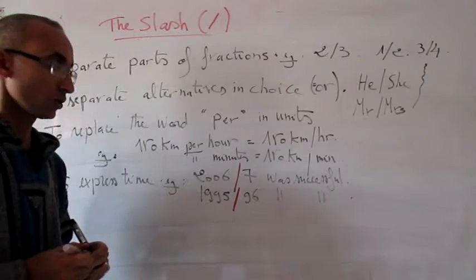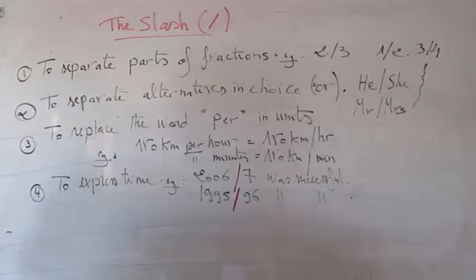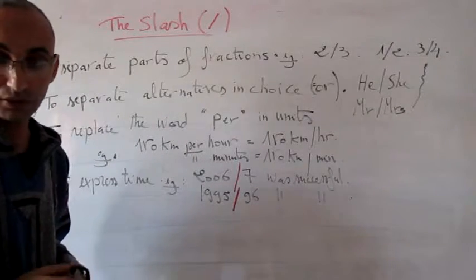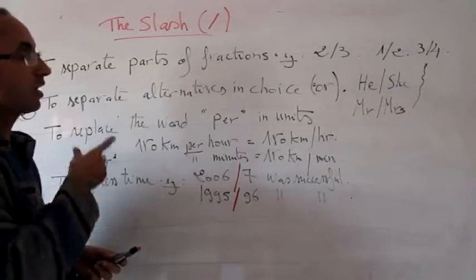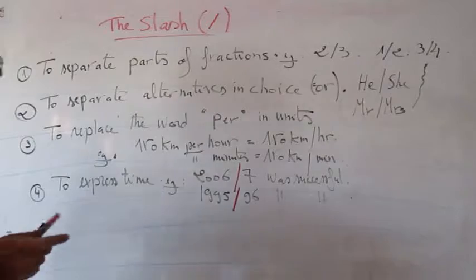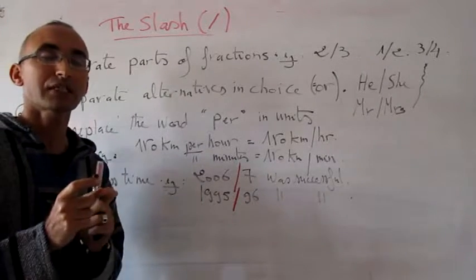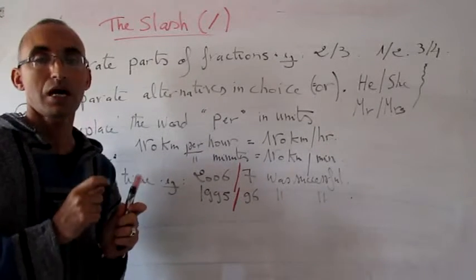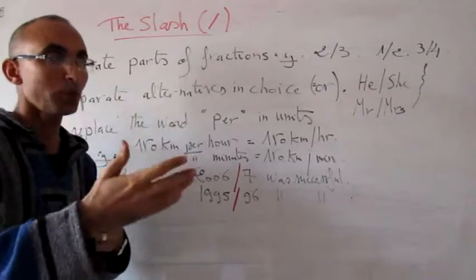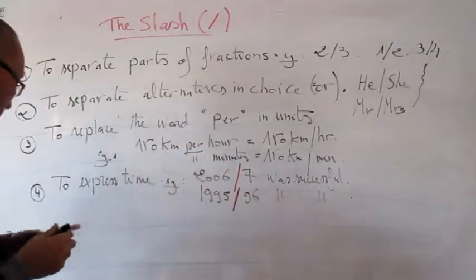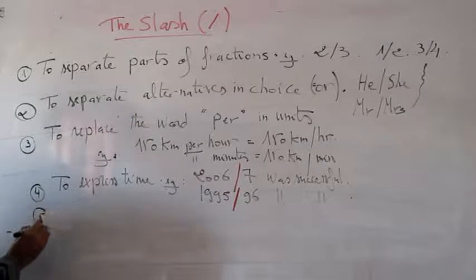All right, good. Also, we have another use, a specific use of the slash with specific abbreviations. Here we don't need to mention everything. We'll only mention one example, number 5.